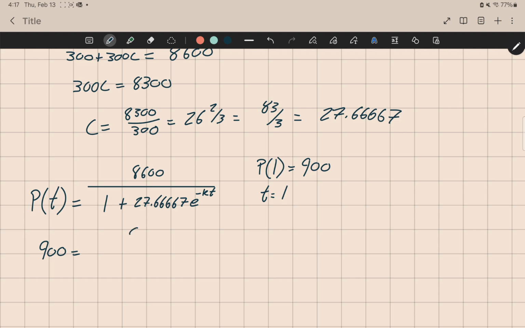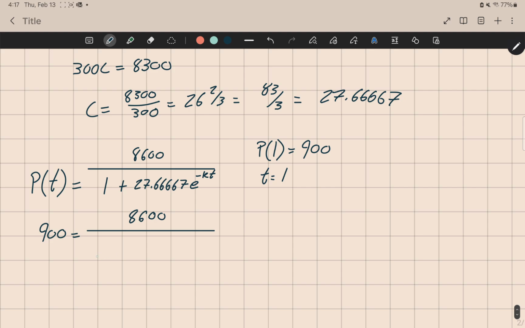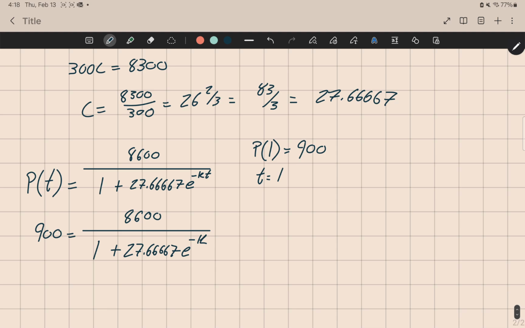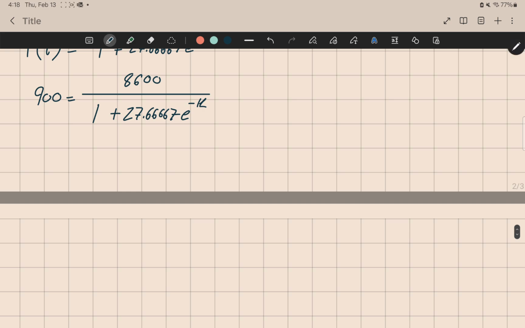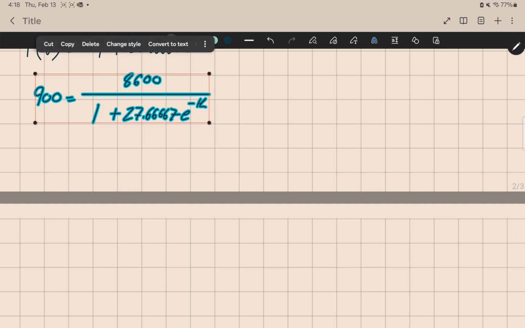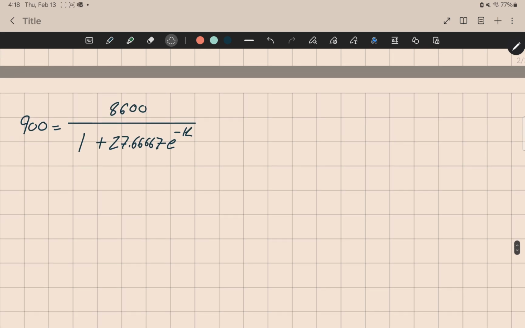900 equal to 8,600. It's pretty much just wash, rinse, and repeat here. 1 plus 27.66667 e, and I'm just going to get rid of that T. We're not looking at it. Negative k. So now I'm going to make a new page. I'm going to bring this down here. I'm going to multiply our denominator up.